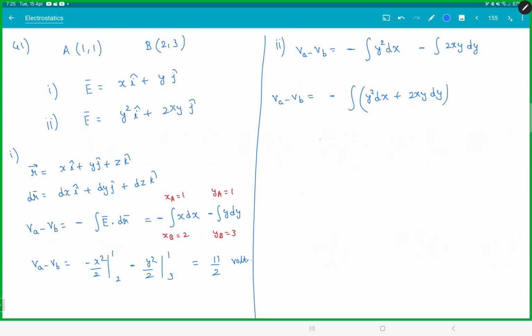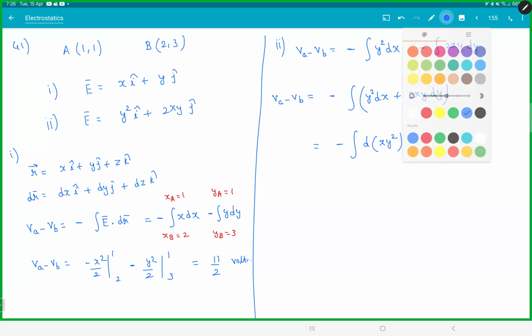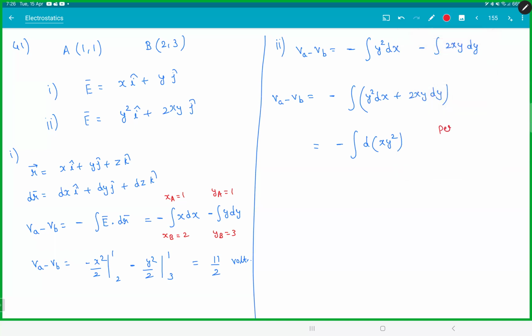Now, you can clearly observe that this is nothing but integral d of x y square, isn't it? Differentiate x y square, you'll get the same function. This is called a perfect differential. If there are two terms and you can merge them into one single term, it's called a perfect differential. And perfect differentials are also conservative forces, remember? If a force becomes a perfect differential, it is a conservative force.